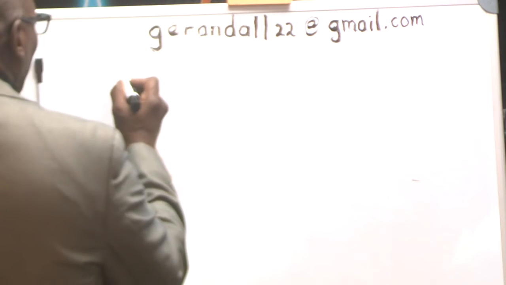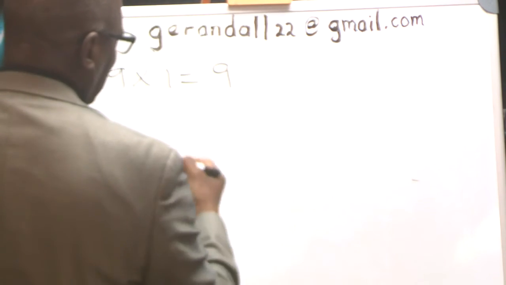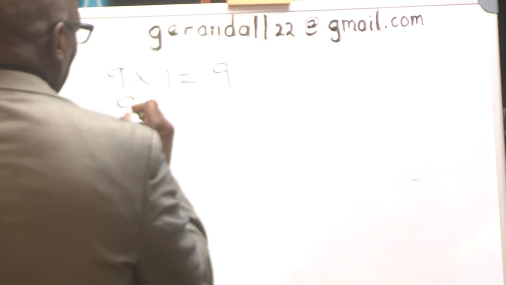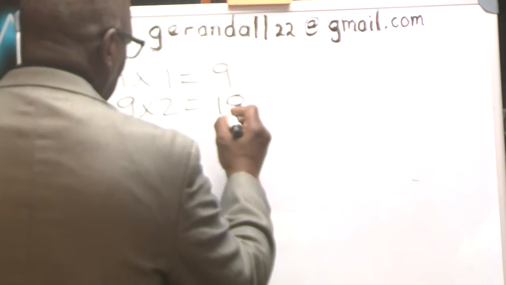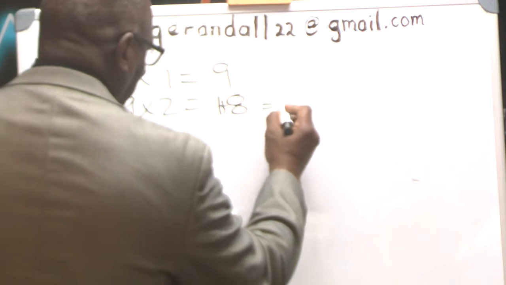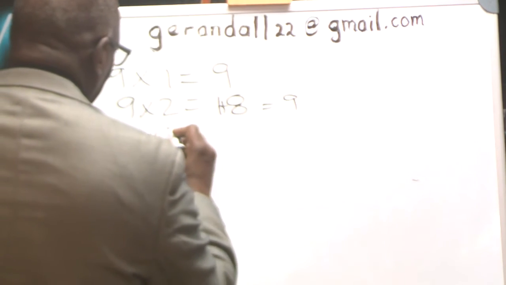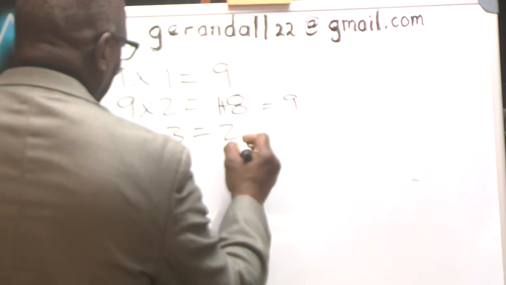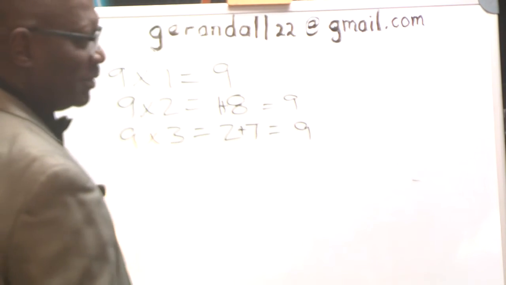We're going to look at them all. 9 times 1 is 9. So, of course, 9 plus 0 is 9. 9 times 2 equals 18. What's that equal to? 9. 9 times 3, 27. What's that equal to? 9.